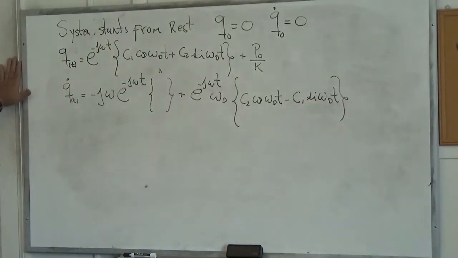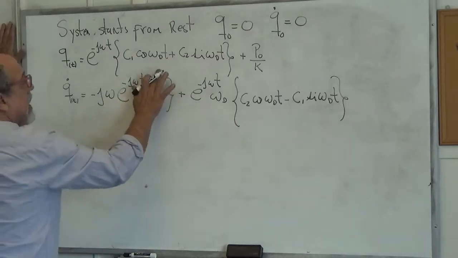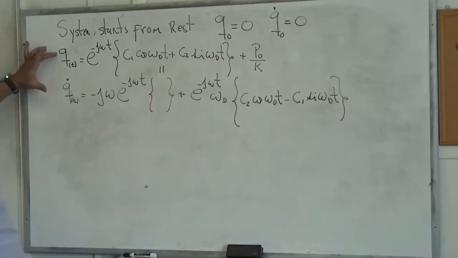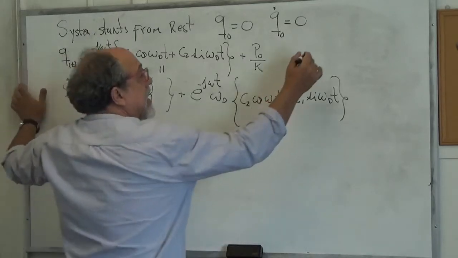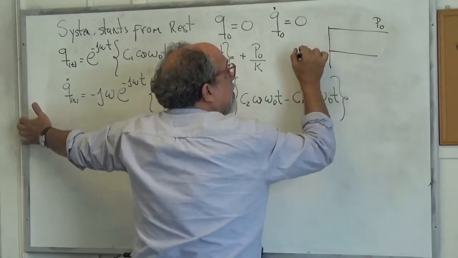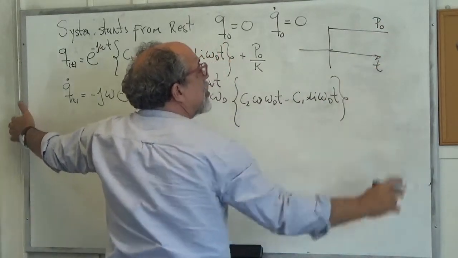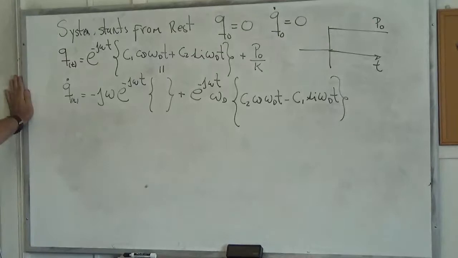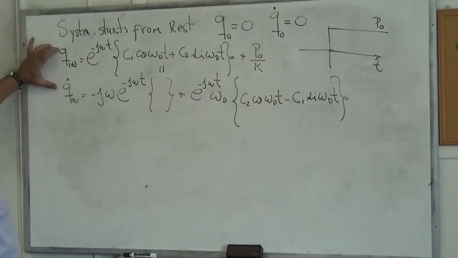And so we have the expression for the displacement and the expression for the velocity in the instant where the single degree of freedom system is subjected to a step load that appears suddenly in time at time equal to 0. Now, if we consider the case where it starts from rest, we have to equate these two things to 0.